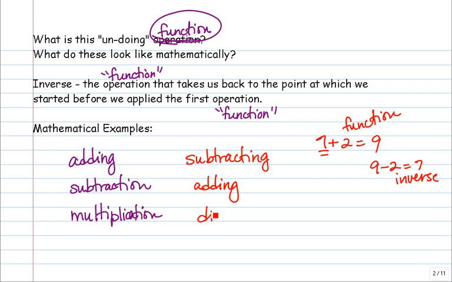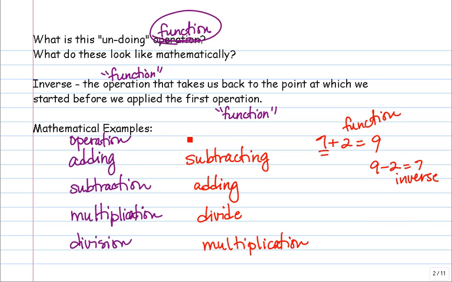Yeah, divide. Or if we start with division, the thing that will undo that is multiplication. Okay, so this is our operation, or our original function, and the undoing function, or the inverse.